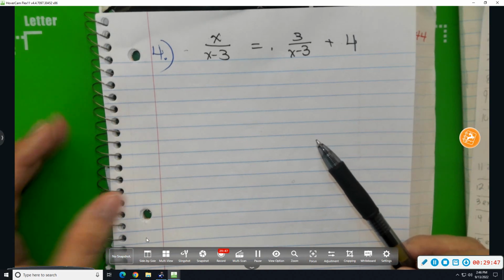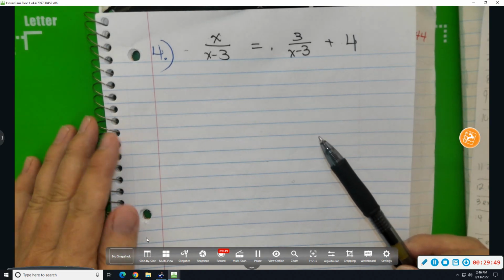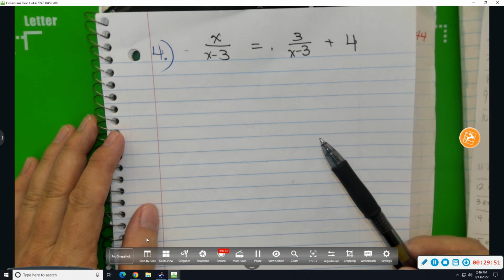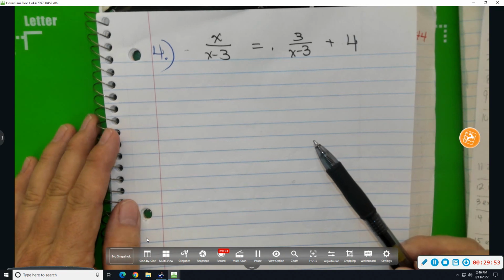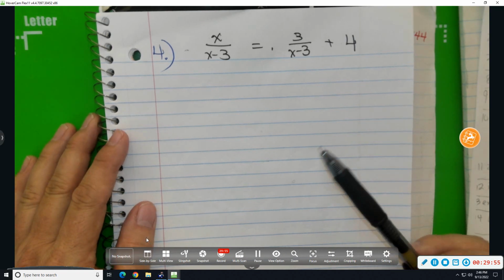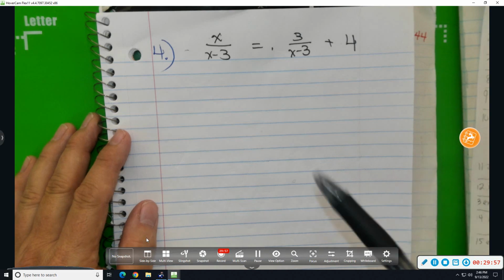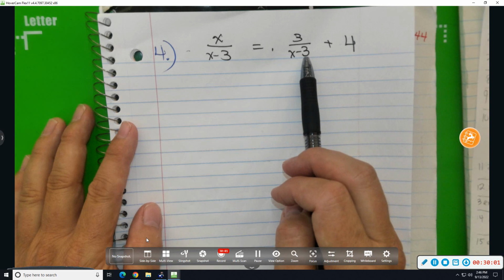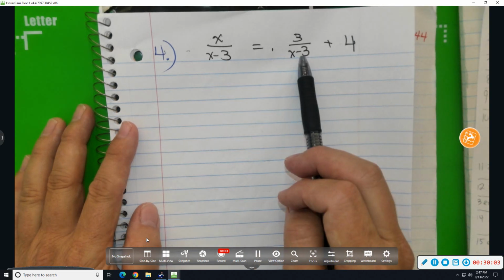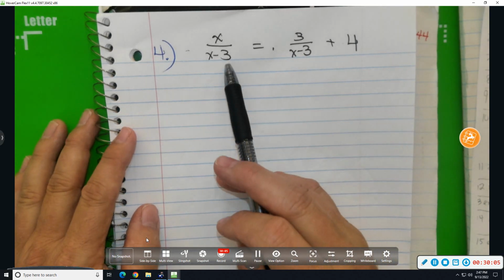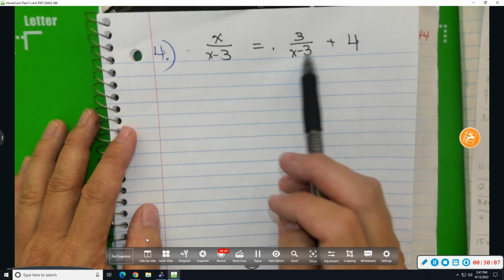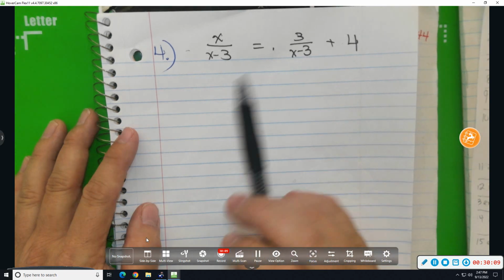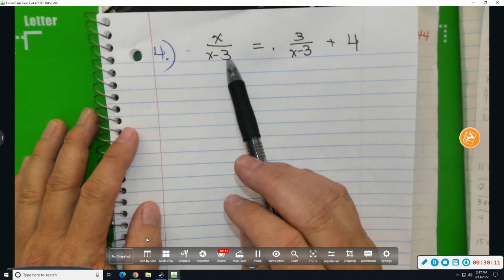There are two denominators of the same thing, x minus 3. It's a repeated denominator, so the least common denominator would just be whatever that denominator is. If you had a denominator of 5 and a denominator of 5, the least common denominator is 5.